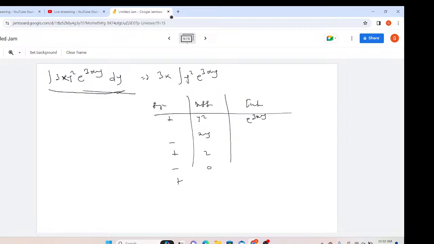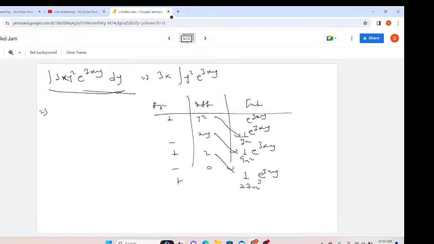When you integrate, you get 1 over 3x exponential 3xy. The next one becomes 1 over 9x squared exponential 3xy. The next one becomes 1 over 27x cubed exponential 3xy. This takes this, this takes this, this takes this.